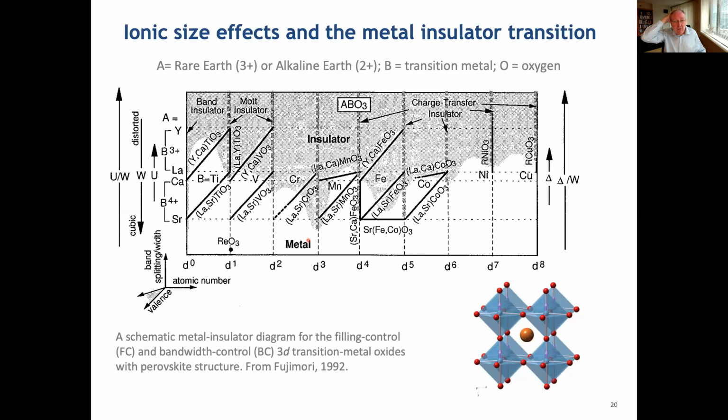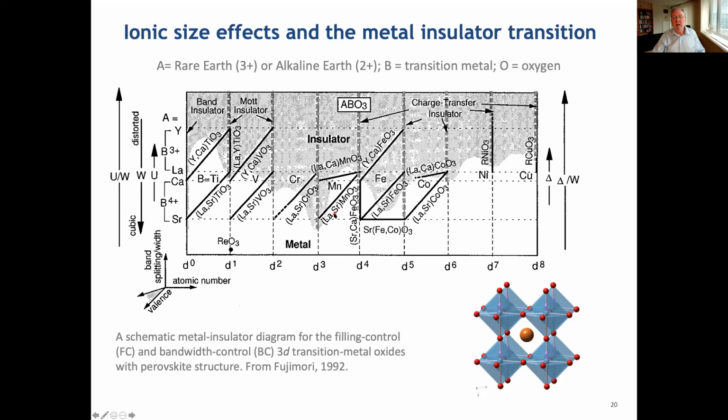We're often used to thinking about metal insulator transitions which are produced by doping. That involves going from something here, moving across. For example, in this series, lanthanum calcium manganese oxide, you start with an insulator and then you become metallic at some point. But it's worth noticing that you can also go vertically on this axis.